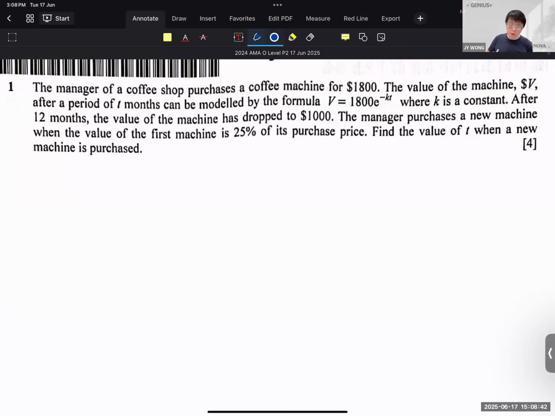That's why they're similar functions. What do I need to find first, Kaylin? You need to find the value of K first. To find the value of K, we use this: after 12 months, the value of the machine has dropped to 1,000.